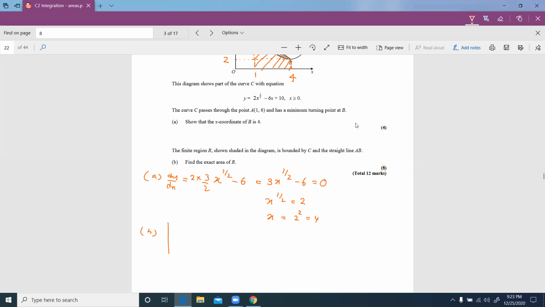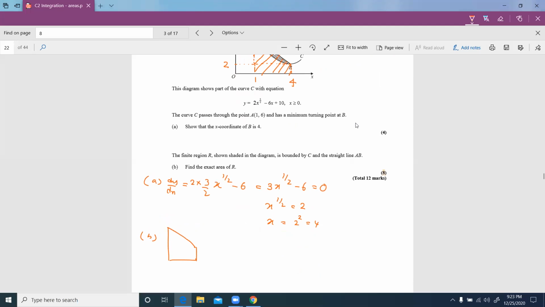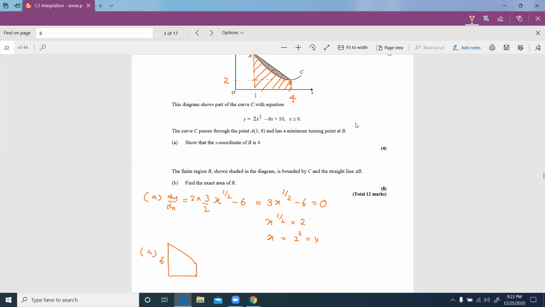This height is 6, this height is 2, and from 1 to 4 the length is 3. Therefore, (2 plus 6) divided by 2 times 3. 8 divided by 2 is 4, so it's 12.